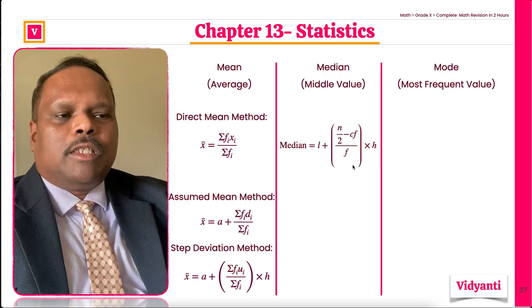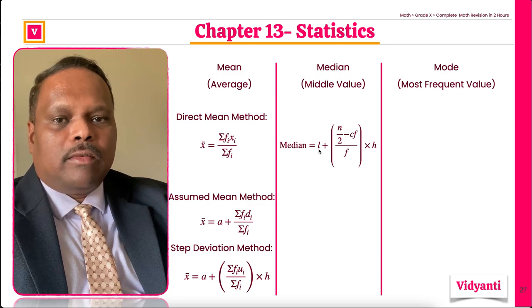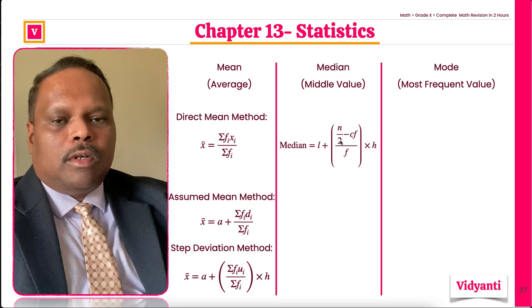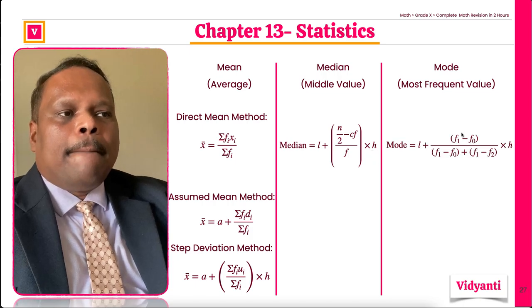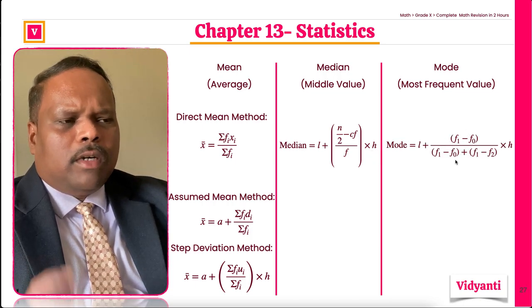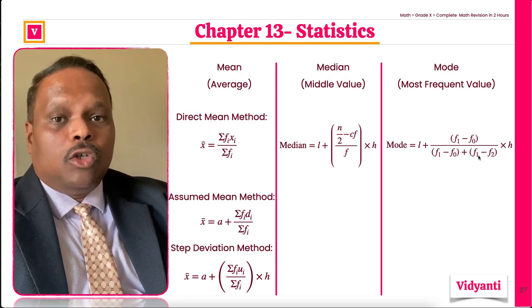Median has specific formula given. L is the lower limit of the class interval in which median is supposed to be there. N by 2 is the half of the number of observation. CF stands for cumulative frequency. F is the frequency and H is the class interval. Mode, the formula given in the textbook is slightly different, but it is exactly identical. Trust me, they have written f1 and f1 as 2f1.